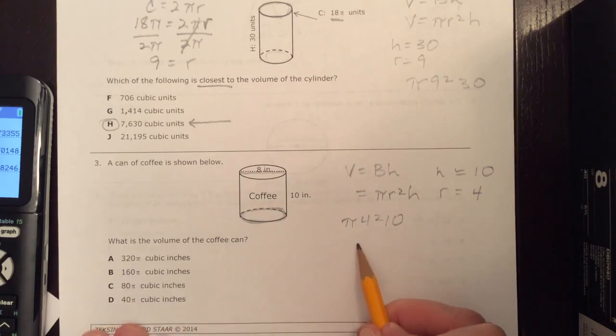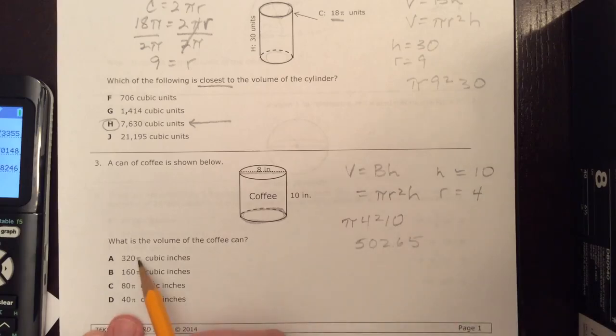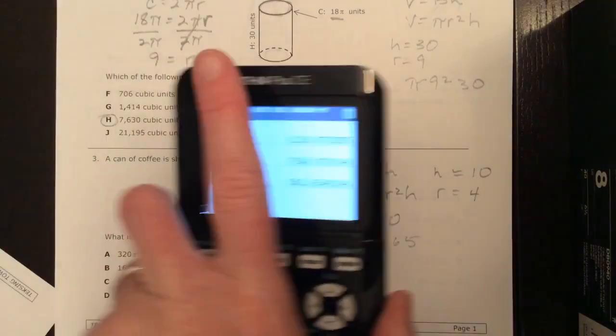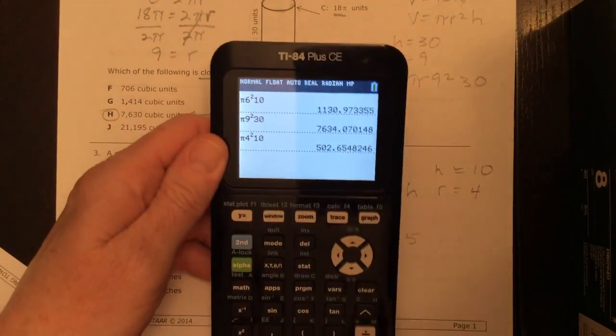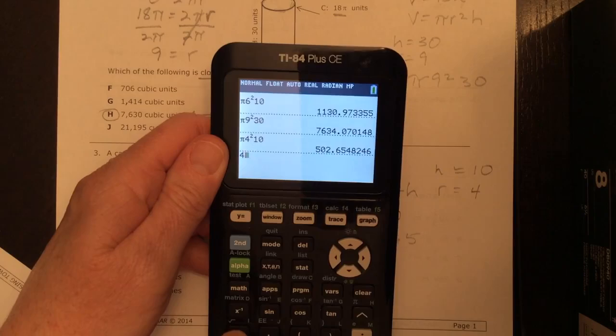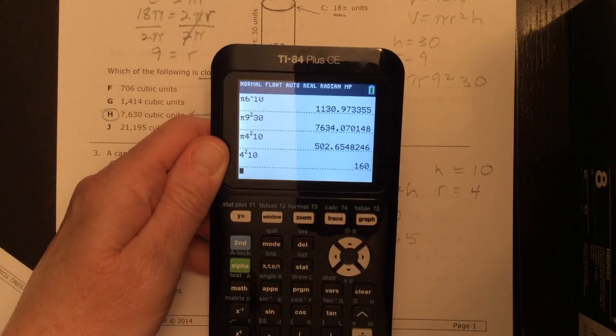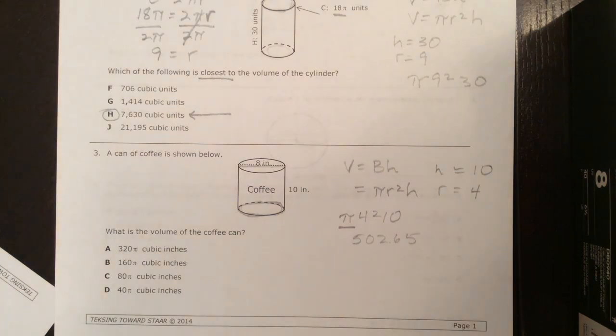So we're used to going all the way, and our answer would be 502.65. But you need to leave pi out of it. We only need to put 4 squared times 10 in the calculator. 4 squared, 10. That's going to give us 160. And that is correct. The answer is B.